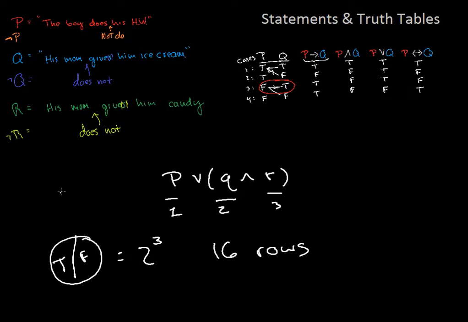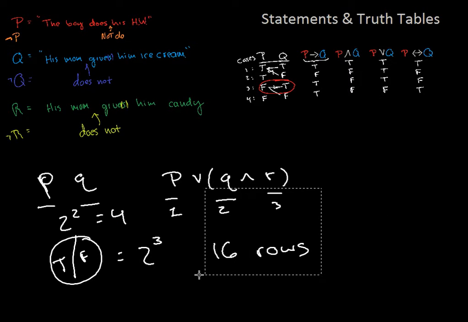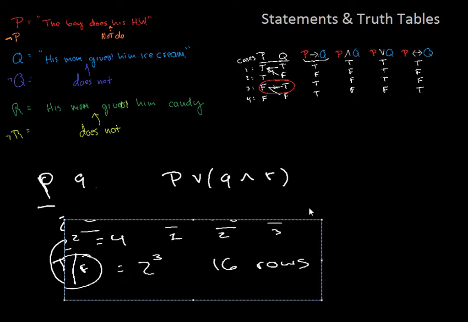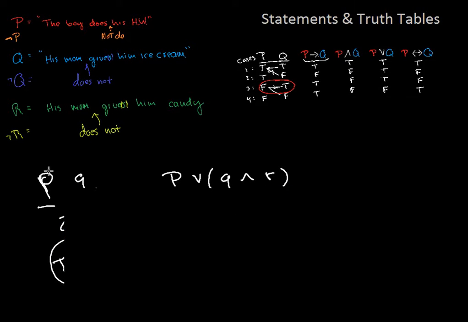Now if we consider the other problems, P and Q, that's 2 to the 2, it's only 4 rows. So we're going to need a lot of room when we evaluate this one. So let's make some room.